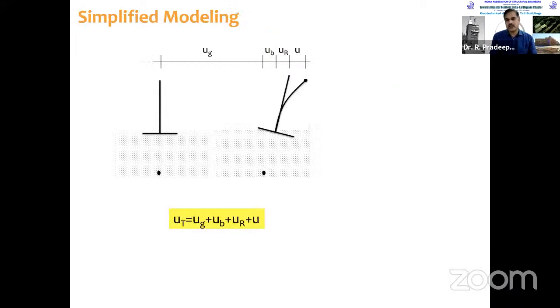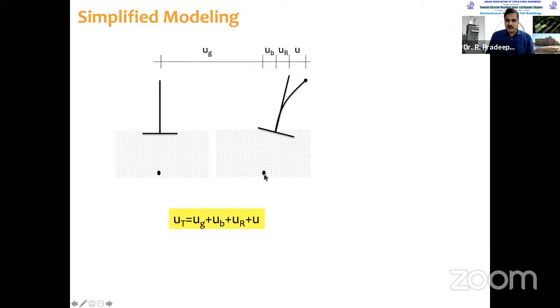Let me go there. Now let's look at this figure very carefully. Here, the structure is there and you observe the black dot. Because of the ground motion, this entire ground has moved from here to here. So the first, UG, is the motion of the ground.